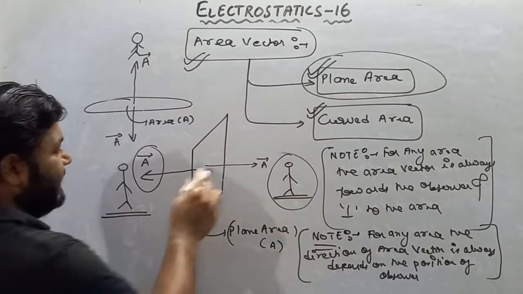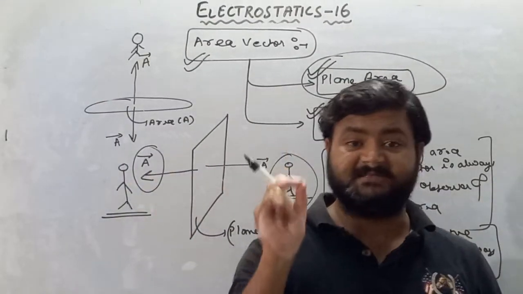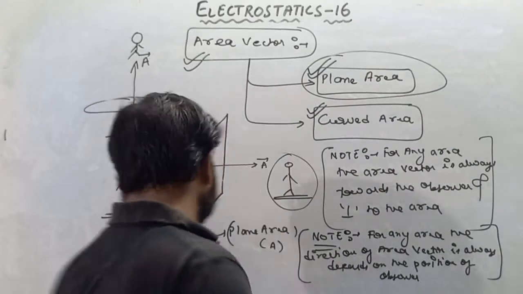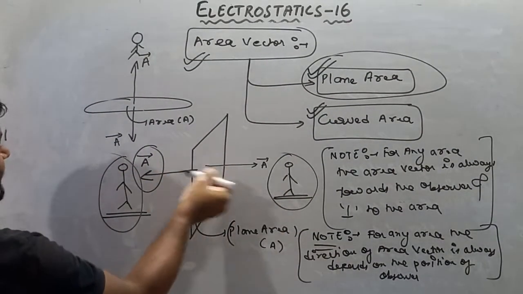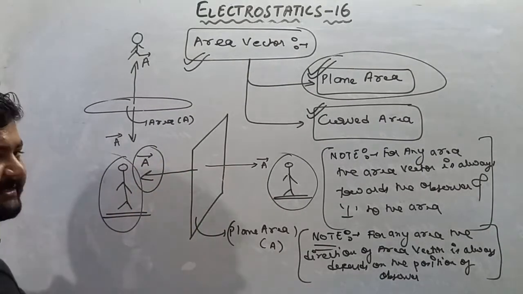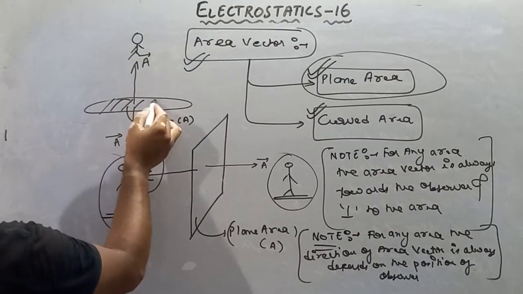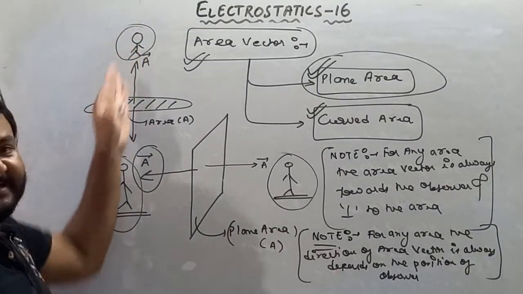Remember this thing my dear student, that for any area, if this is your area and the observer is here, then the area vector is towards the observer, and the area vector is always perpendicular to the area. Similarly, if for the same area the observer is present here, then the direction of the area vector is on this side towards the observer and perpendicular to the area. Similarly, if the observer is present on the upward side, then the area vector is upward.